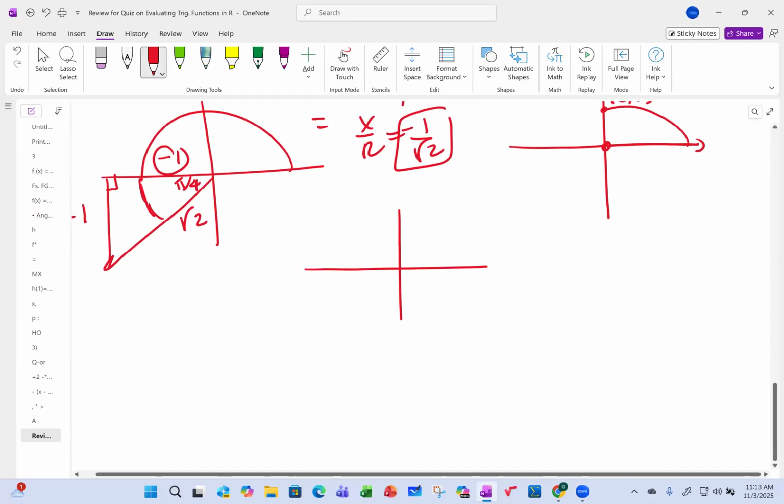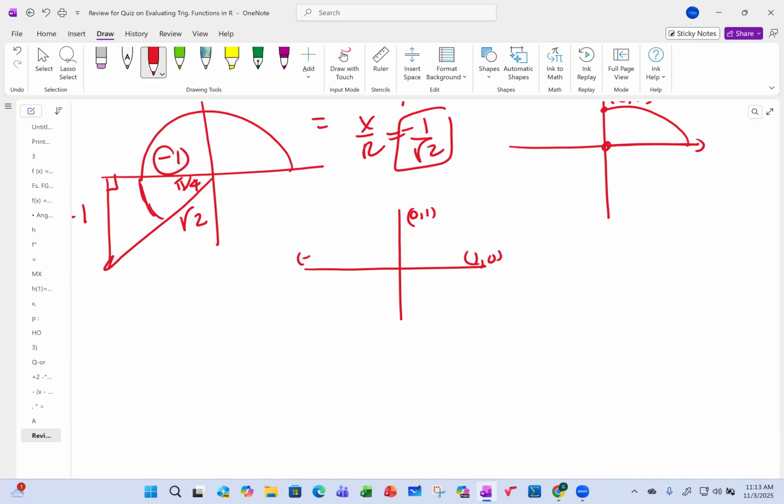So remember your coordinates: 1, 0, 0, 1, -1, 0, and 0, -1. Those are the coordinates when it's quadrantal. Remember your angles are 0, then pi over 2, pi, 3 pi over 2, and 2 pi.